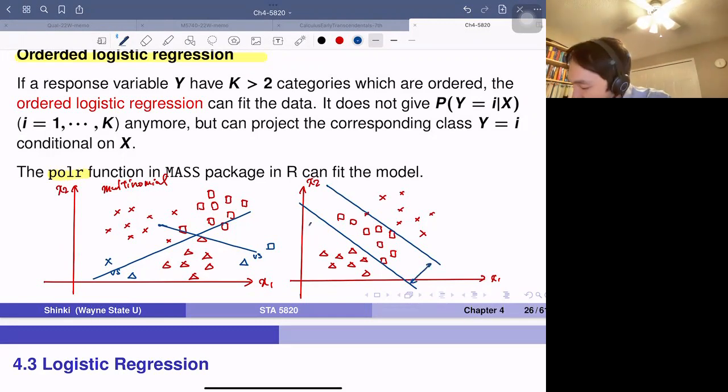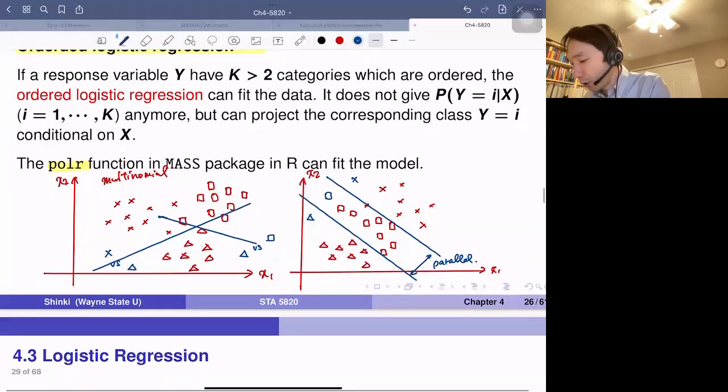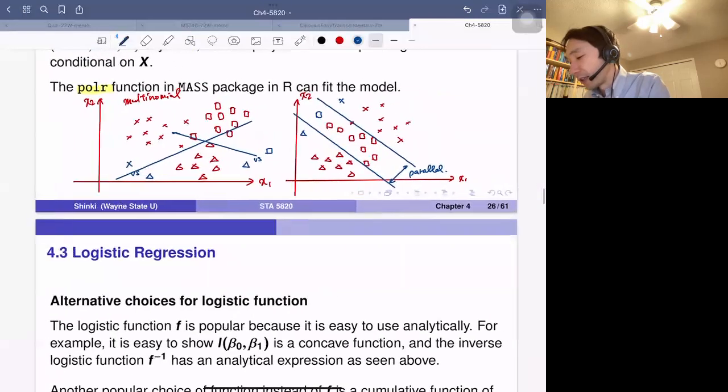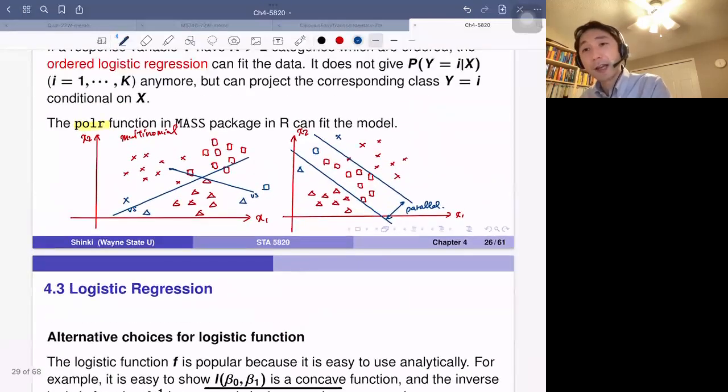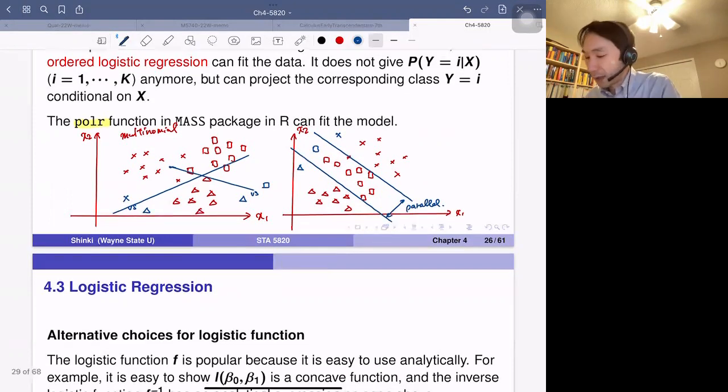So this is this area, and this area. Parallel. Since this is ordered, we are more restrictive about the separating lines, so actually there are fewer coefficients. There are still more coefficients than binary logistic regression because we have to decide the boundaries. That makes additional parameters. But the basic idea is this.